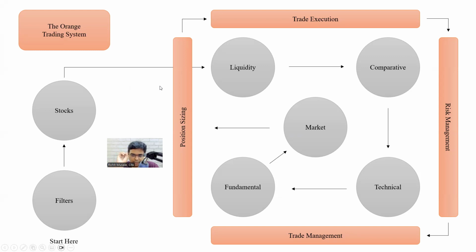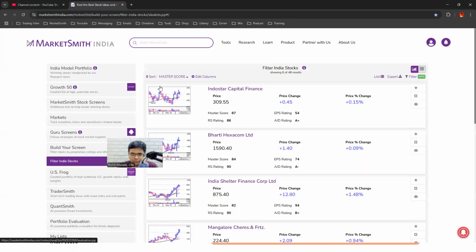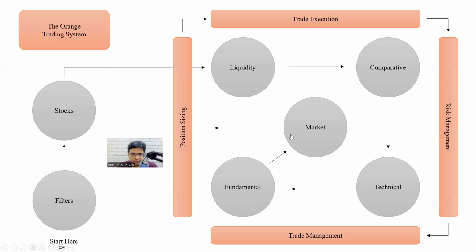When we apply those 10 criteria, which are technical by the way, on these 48 stocks, we might be left with, say, 5 stocks or maybe 10 stocks which meet those 10 criteria. Let's say we get 5 out of 48 stocks. That's about 10% of the filtered list. That process is called shortlisting.